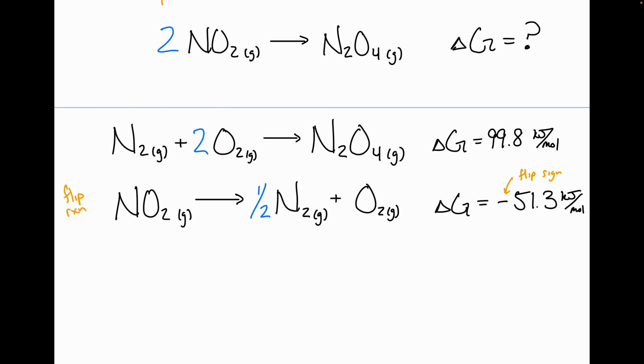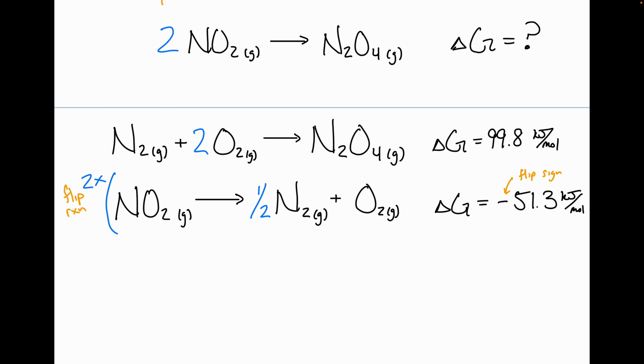I can't just throw a 2 out front and be done with it, or I would unbalance that formation reaction. But what I can do is take the whole thing and multiply the whole reaction by 2. That'll preserve my balancing.